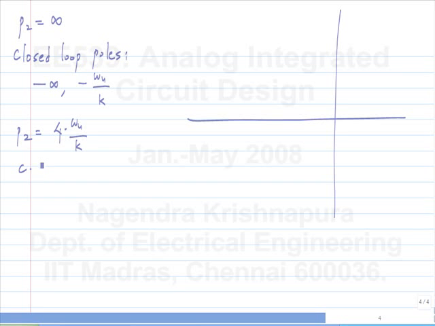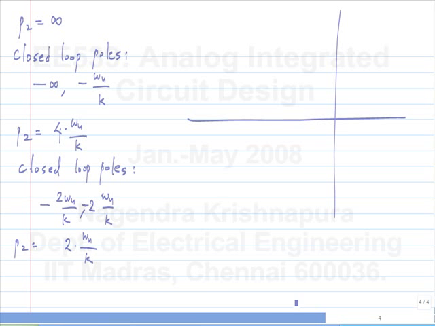Then the closed loop poles are at two identical poles at 2 omega u by k. And also when P2 is at 2 times omega u by k, you have this 45-degree angle, right?